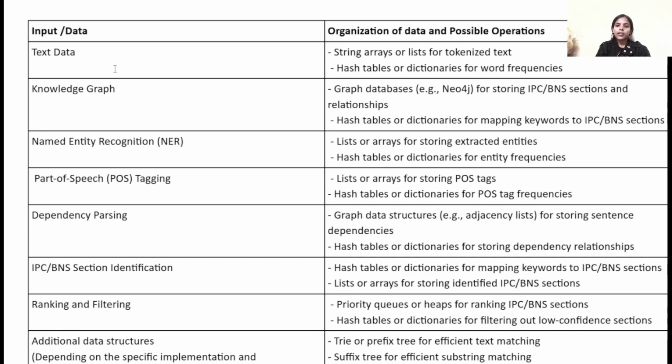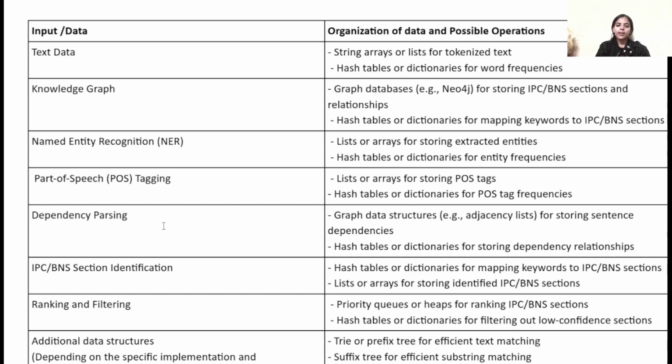Here, for text data, we use string, array, hash tables, dictionary or list. For the knowledge graph, we will use graph databases, hash tables or dictionaries. For named entity recognition, we will use lists or arrays, hash tables or dictionaries. For part of speech tagging, we will use list, array, hash table or dictionary.